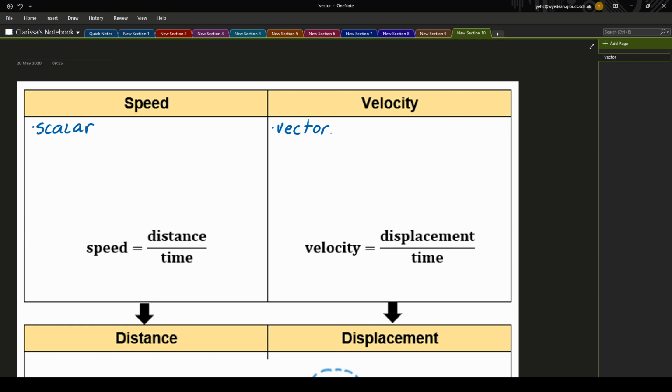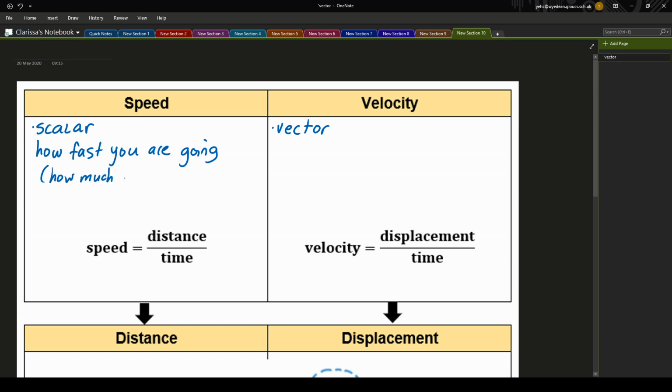So let's relate this to speed and velocity then. Speed is a scalar quantity. It's basically just a measure of how fast you're going. You can also word it as how much distance, or steps, covered over a period of time.